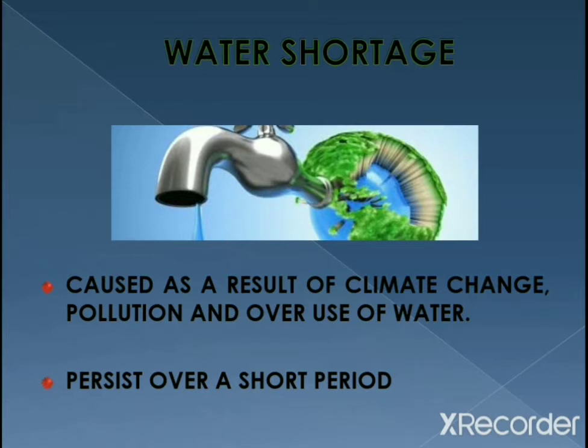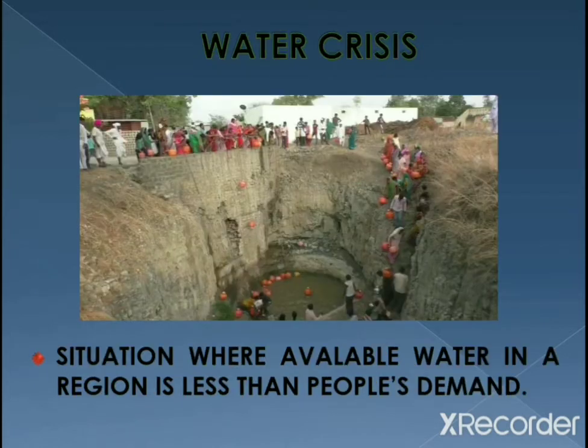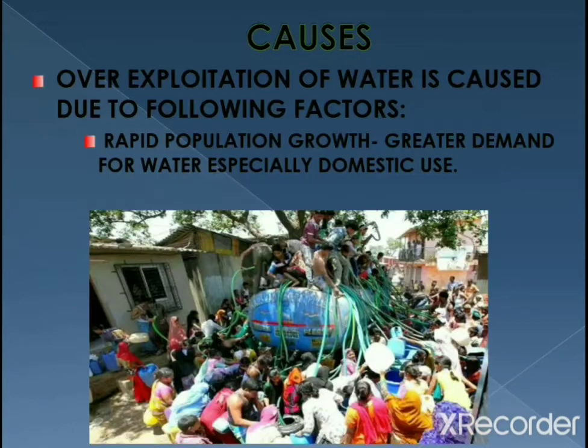It generally occurs as a result of climate change like drought, or pollution, or overutilization of the water resource by humans. Water crisis is a condition where there is sufficient available water resource in a region. At the same time, the demand of the population is comparatively higher than what is available in that region.